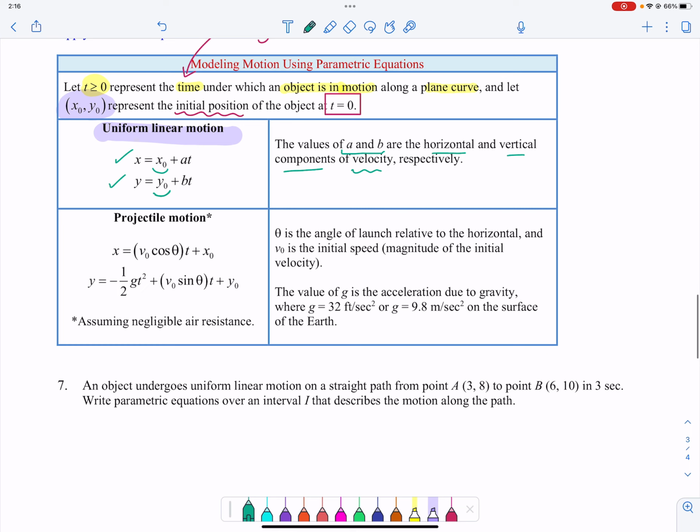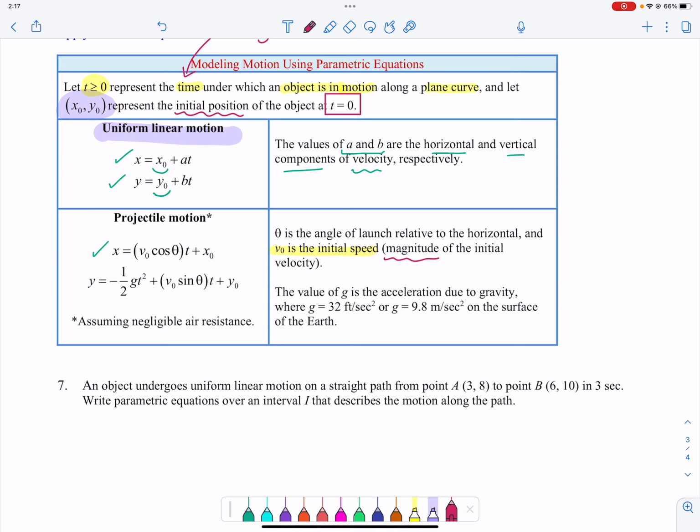Projectile motion. We will be using x equals v sub 0 cosine of theta times t plus x sub 0. Keep in mind that v sub 0 is the initial speed. That sub 0 is initial, and then v is, of course, our speed. It is the magnitude of our initial velocity.